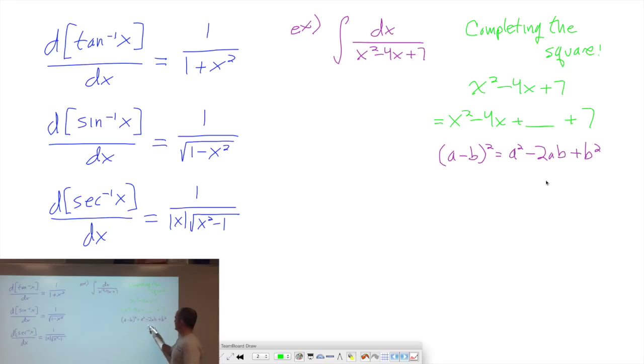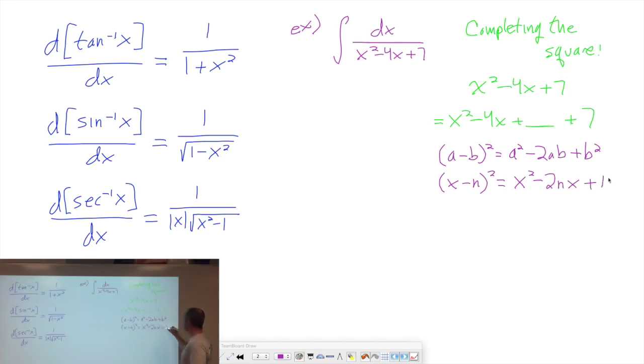There's a little bit of a pattern here. This minus 2ab, I'm going to write this one other way, so hopefully it'll be a little more clear. If I had x minus some number squared, that would work out to x squared minus n times x minus another n times x, so minus 2n times x.